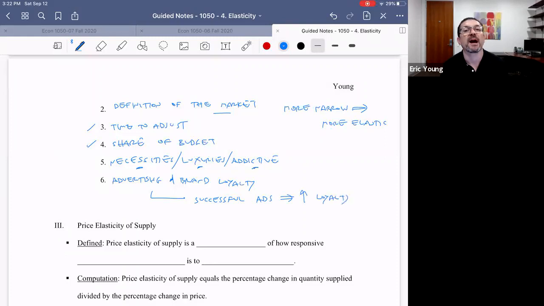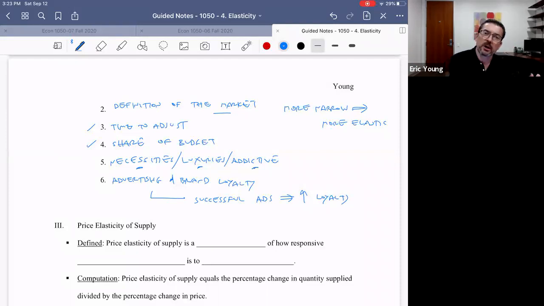If a company can craft a really good ad and get you to really like that product, you're building brand loyalty with that product. Companies want you to have brand loyalty because if you have brand loyalty to one product, you're not going to be as easily swayed by substitutes. If you really, really prefer Coca-Cola over Pepsi, you're not going to see Pepsi as a real substitute for Coke.